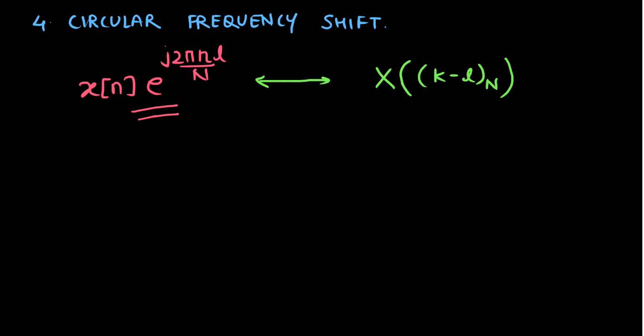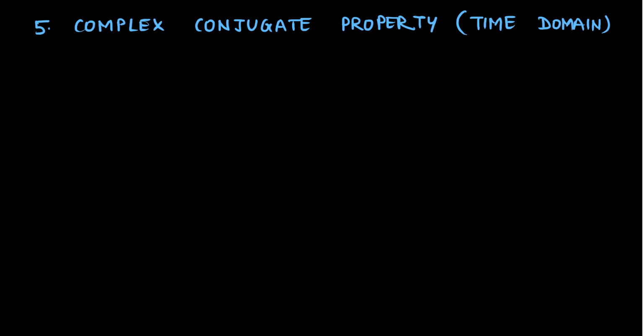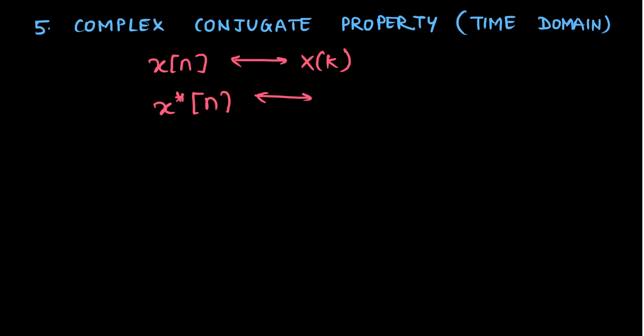So now let us move ahead to another property, that is the complex conjugate property in the time domain. That is, we have this x of n with DFT as X of k. Now suppose we take the complex conjugate of this, that is x conjugate of n, then what is the value of this DFT?